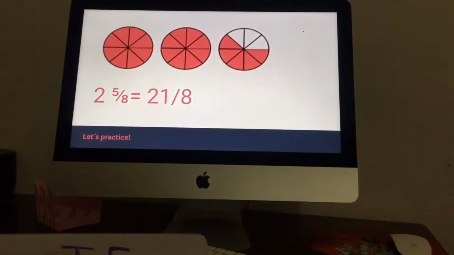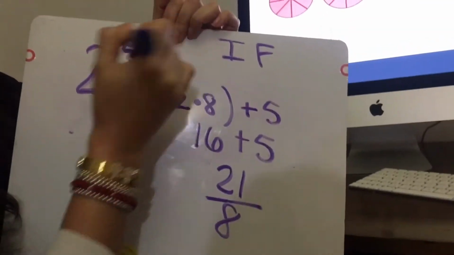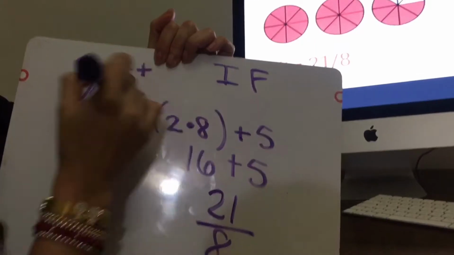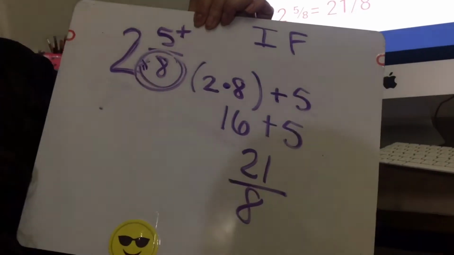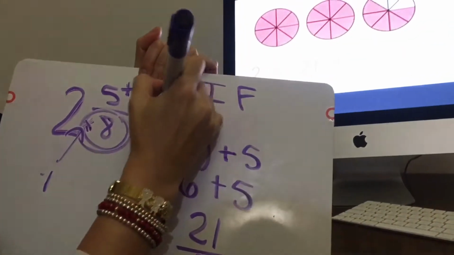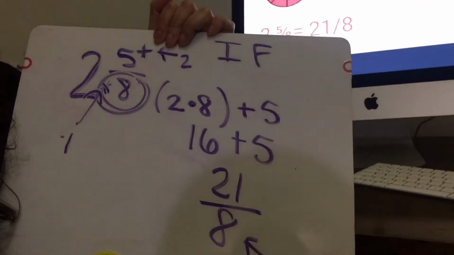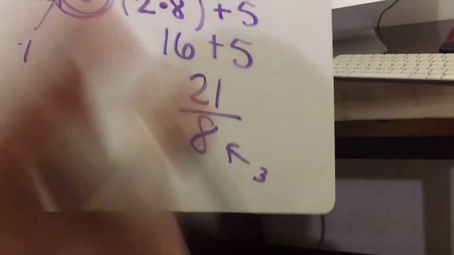So you see, by reading it, but also by following the process, I multiply and then I add, and the denominator stays the same. 3 easy steps. Step 1, I multiply. Step 2, I add. And then step 3, the denominator stays the same. I'll repeat that.